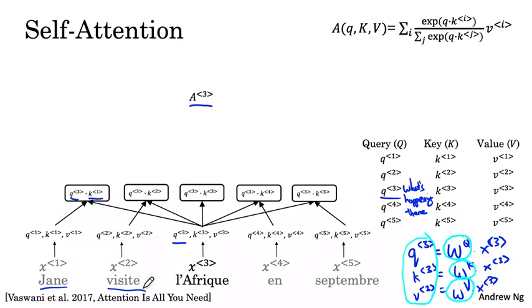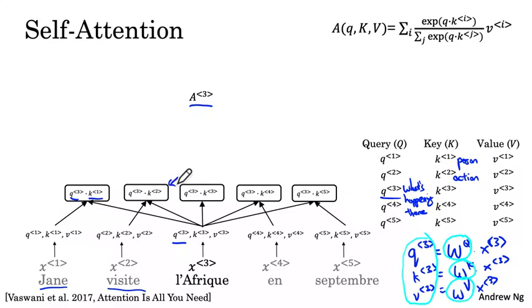And the goal of this operation is to pull up the most information needed to help us compute the most useful representation A3 up here. So again, just for intuition building, if K1 represents that this word is a person, because Jane is a person, and K2 represents that the second word, visit, is an action, then you may find that Q3 inner producted with K2 has the largest value.